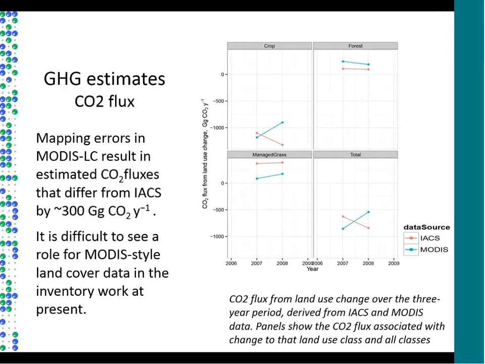So that was a slide that demonstrates that again, where we translated the changes into CO2 flux estimates, and again we are getting different results depending on whether we're using Ajax or MODIS. So basically, the message is it's not a good idea to use MODIS just because of the pixel size.